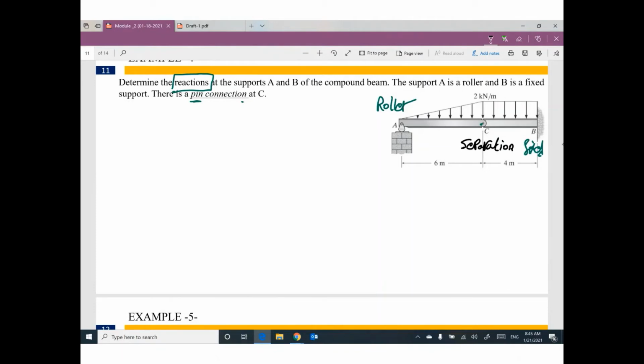Because we have pin connection at C. We learned this last meeting. So first step, I will do separation at C. This part will be alone, C, B. The other part will be here, which is C, A.